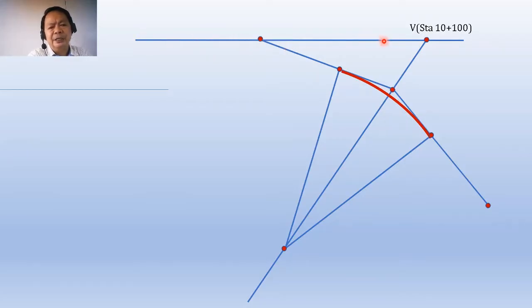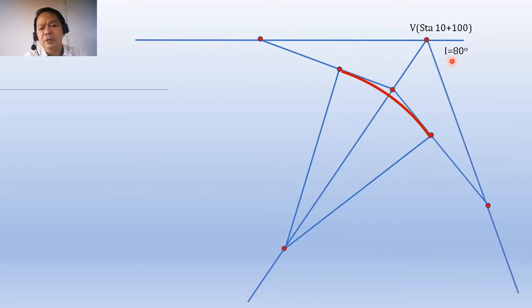Ito ngayon yung tinatawag nating tangent distance ng spiral. And because we are given in the problem that the spiral has an angle equal to 80 degrees, this point and this point will be connected, and the line that will connect the 2 points will have a total angle of 80 degrees from this tangent of the spiral. So we will be connecting it with this so that our I is equal to 80.